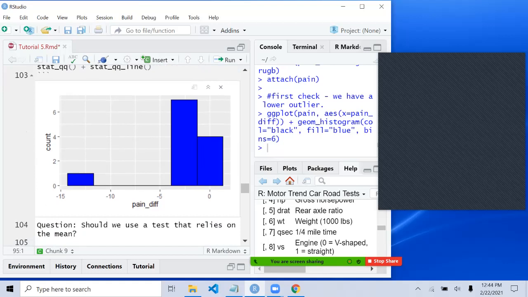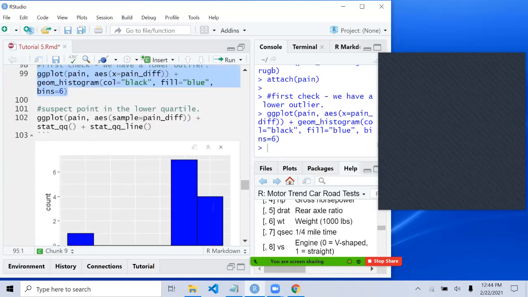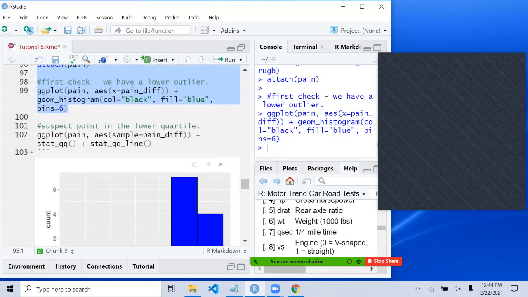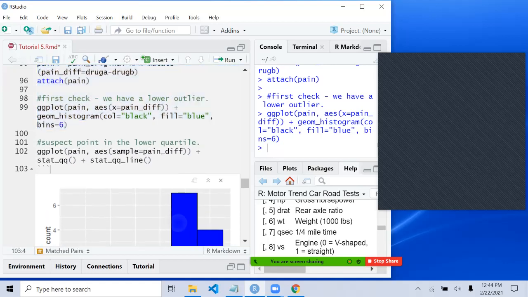Because there's only going to be 12 data points because you only have 12 different subjects. So when you take the difference along those subjects, you get 12 differences basically, right? So you get nothing. You get empty bins in here basically. No matter how small you make your bins, and I made it small by making it 6, you still get no underlying structure. So the histogram is probably not your best bet here.